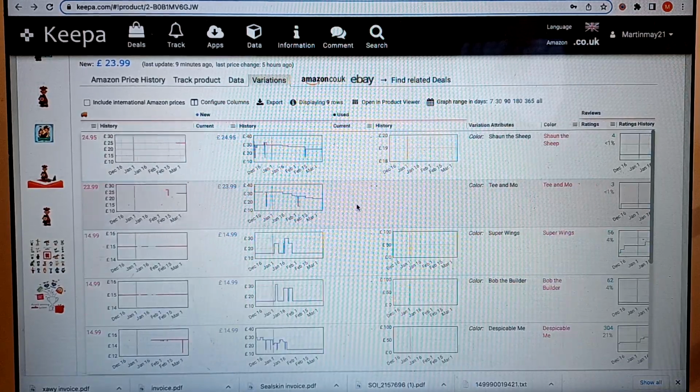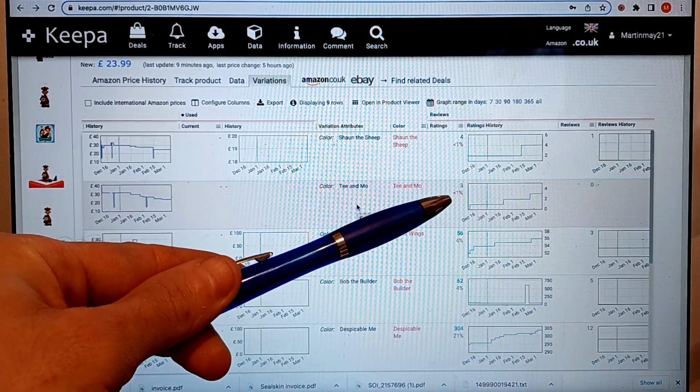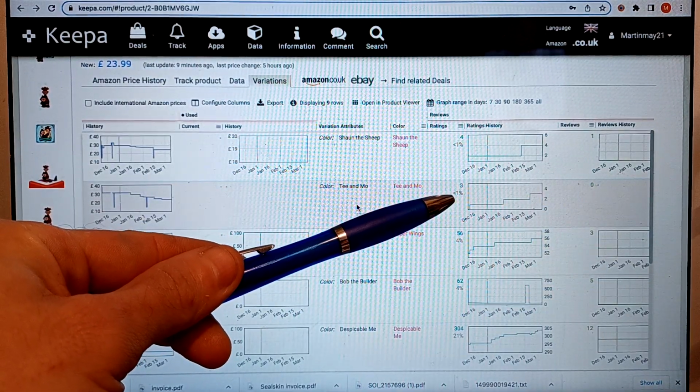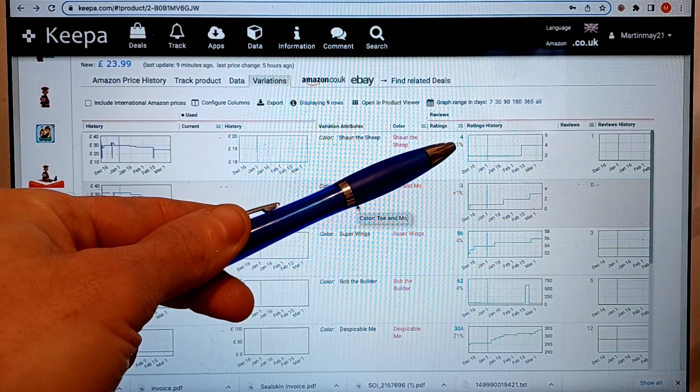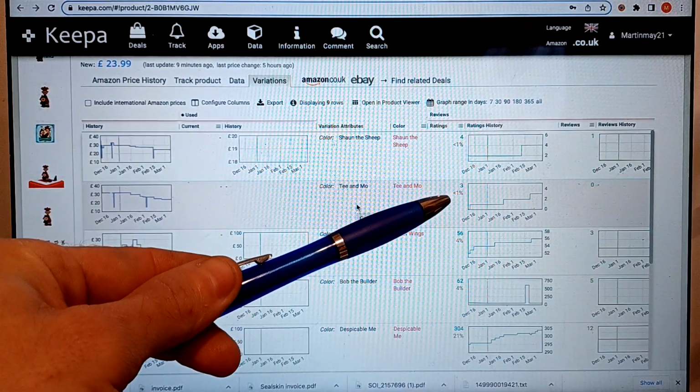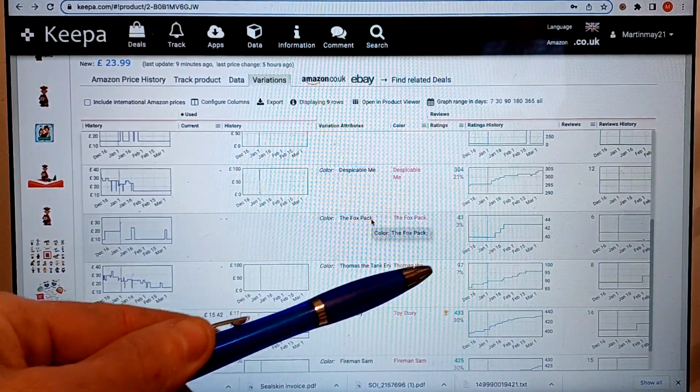And then we can scroll across, and what you will see here is the percentage of sales, less than 1% of sales. So this one here, less than 1%, less than 1%, 4%, 21, 3, 7.